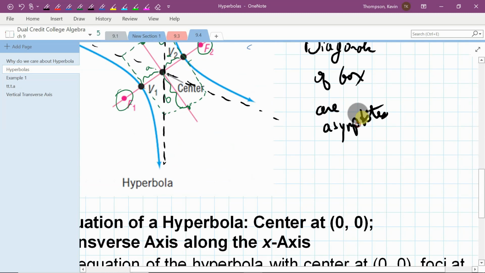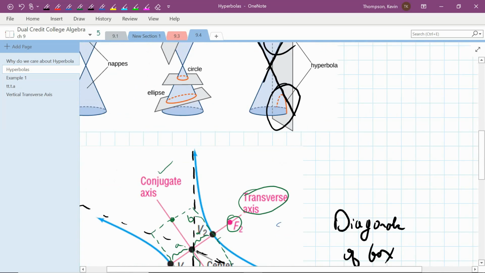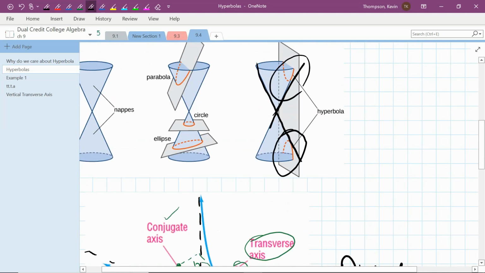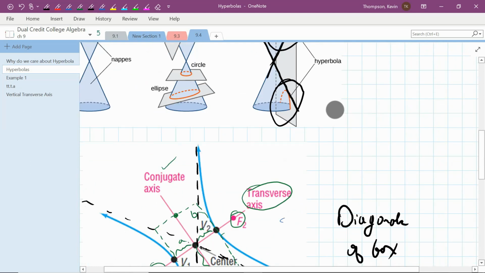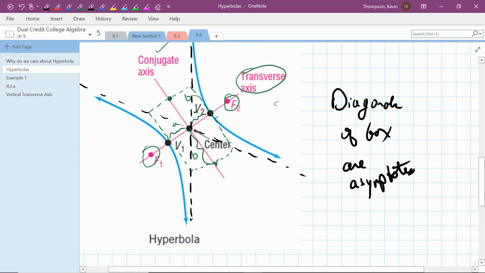So basically, the asymptotes are representing the edges of the cone. As you're slicing through it with the hyperbola, you're getting closer and closer to the edge, but since the cone keeps getting bigger and bigger, you never really cut through the cone. Remember that it's on the inside. Okay, so more on that.